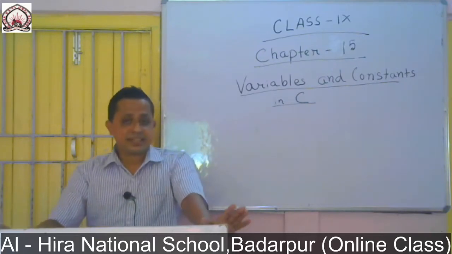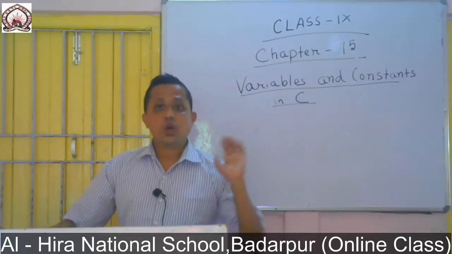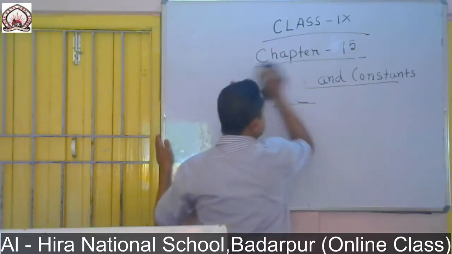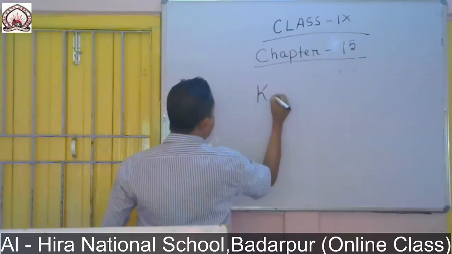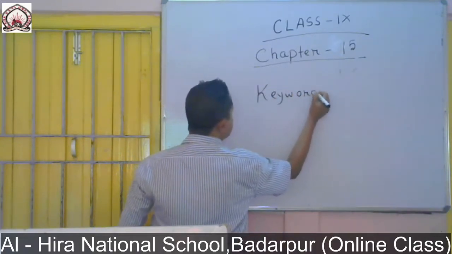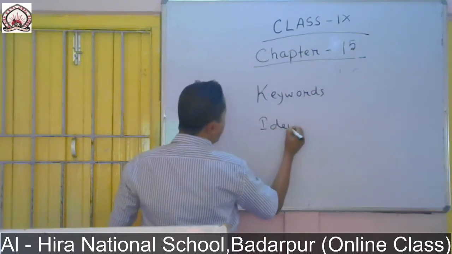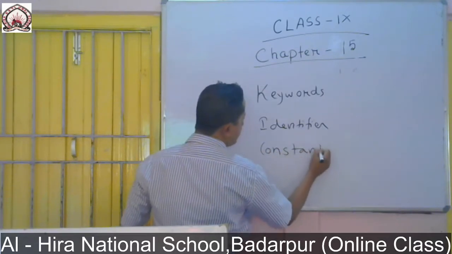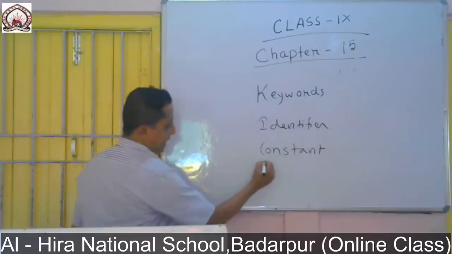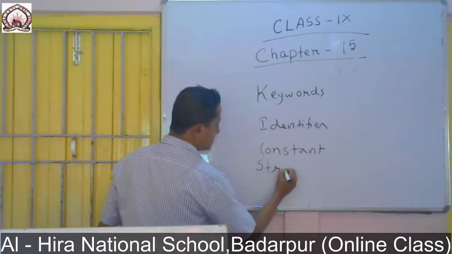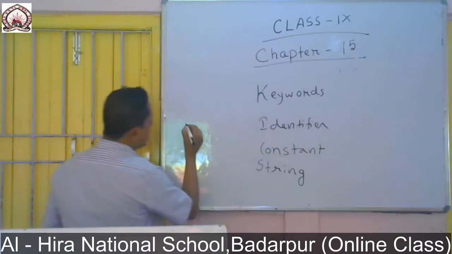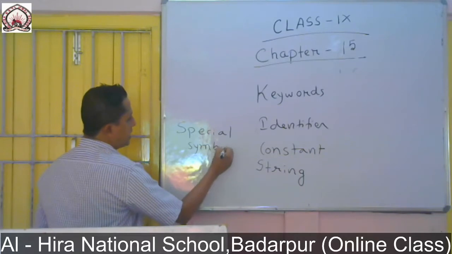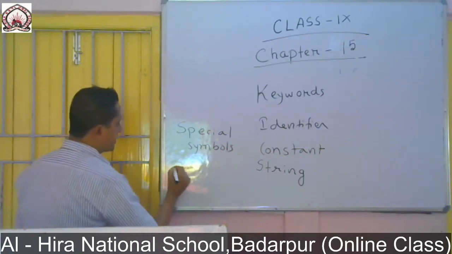So basically C has 6 types of tokens: keywords, identifiers, constants, then we have strings, then we have special symbols, and last we have operators.